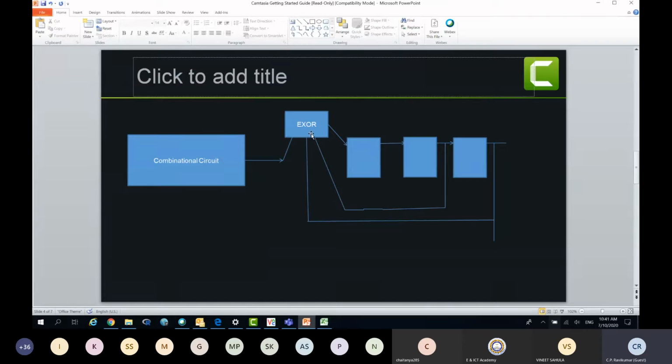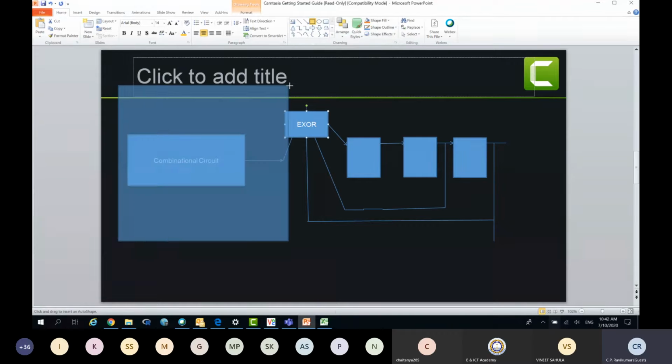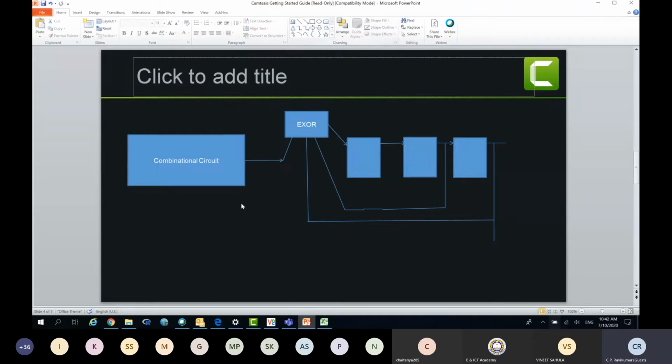You understood now? So this XOR gate is receiving these 3 inputs. Normally in the LFSR, I will only feed these 2 back, and this part would be missing. It would not have been there normally, but now I am also adding this.